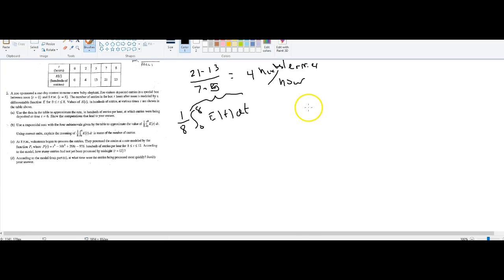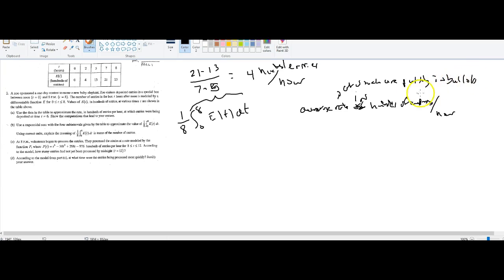The meaning of this is it is the average. If E of t is measured in hundreds per hour, it's the average rate of hundreds of entries per hour, the average rate at which people are putting in ballots.